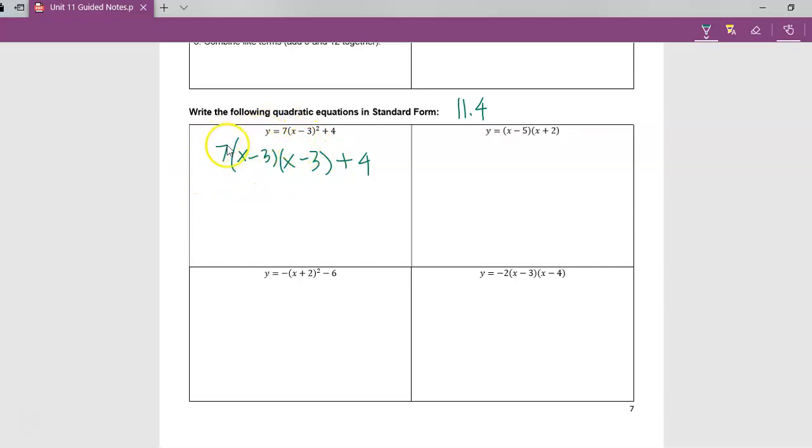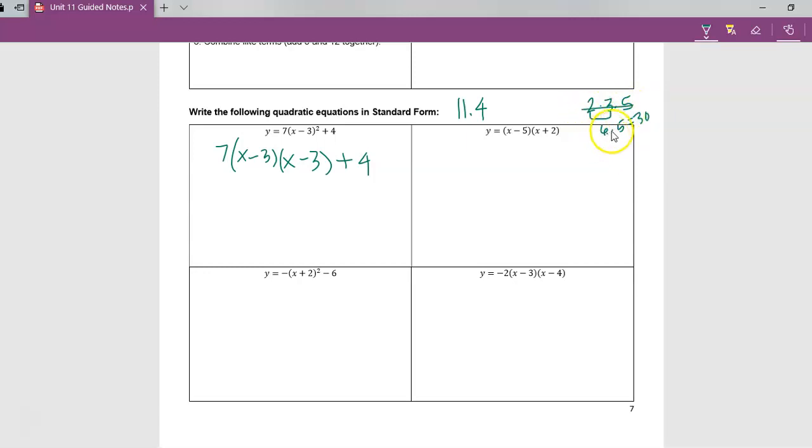Side note, if I had 2 times 3 times 5, I'm not going to multiply 2 times 3 and then 2 times 5 and then multiply the results. I'm just going to multiply 2 and 3 together to get 6, and then multiply that result by the third number to get 30.